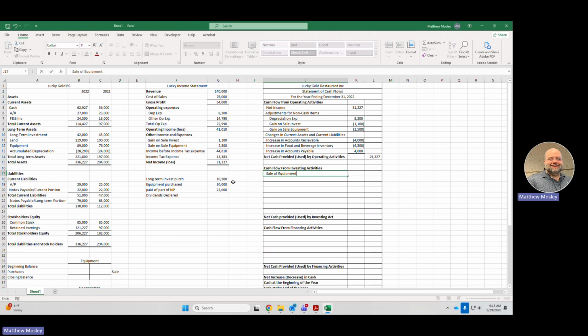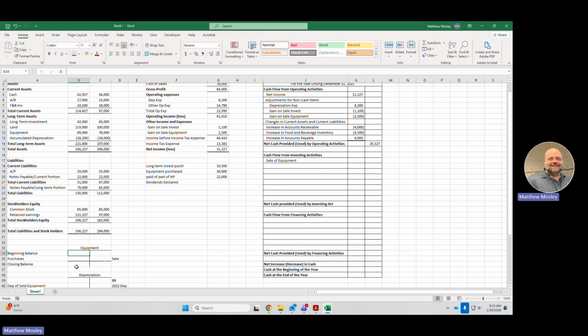So I'm going to show you how to use T accounts in order to figure out how much you sold the equipment for, or how much the equipment was valued.